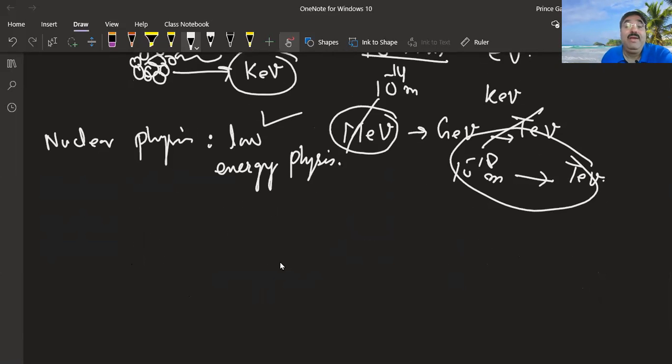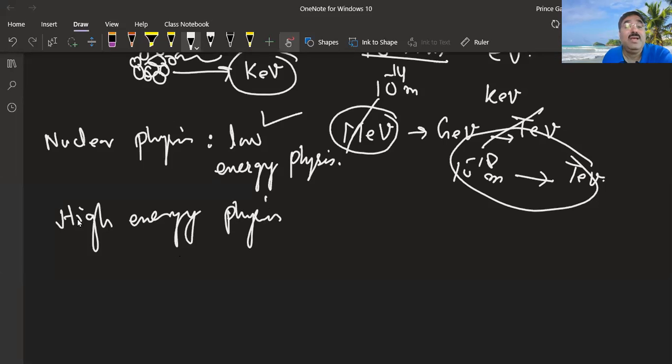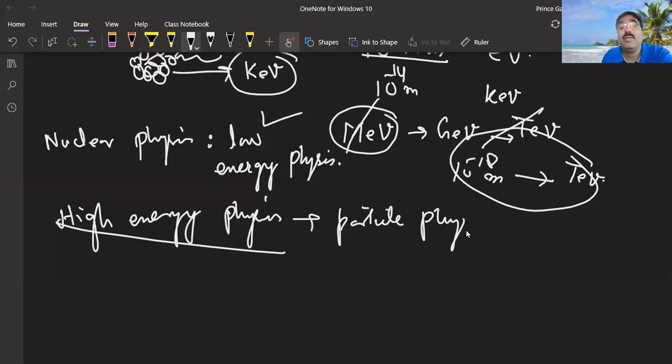And when I say that we are doing high energy physics, when you talk about high energy physics, what it actually means is particle physics. And what it means is million electron volts to tera electron volts of energy.